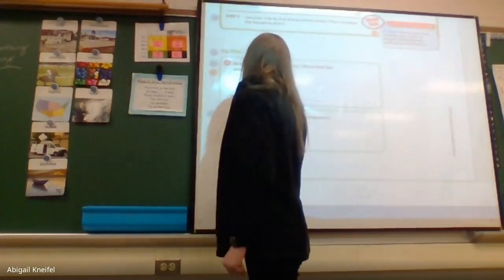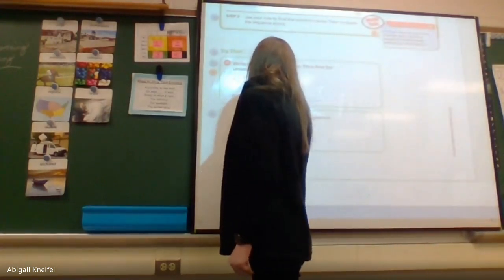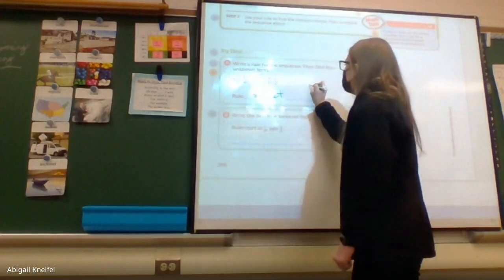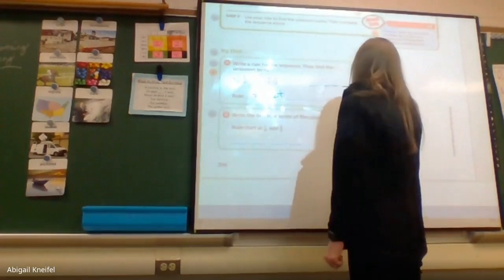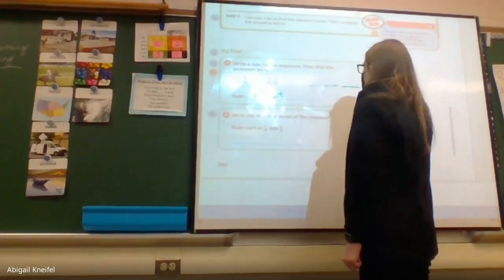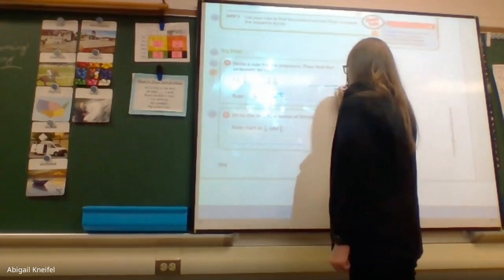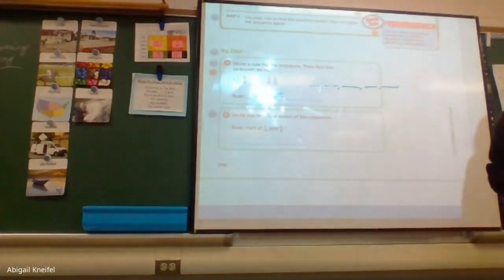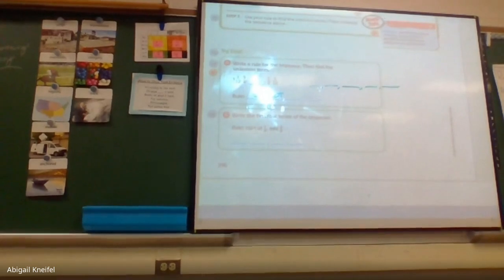What is my first step to find the missing number? What do I need to do first? Zoe, what do I do first with fractions so I can add and subtract them? Yeah, find my least common denominator.